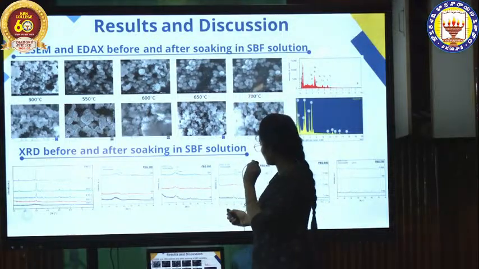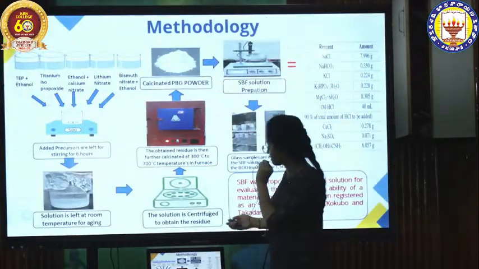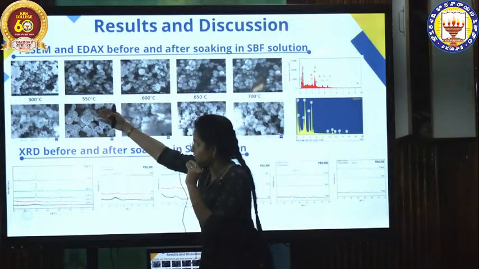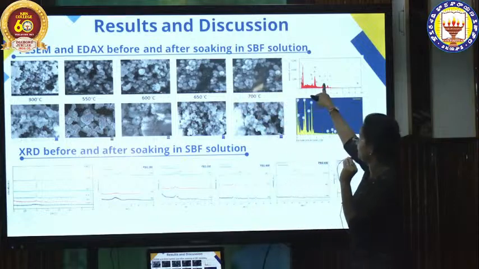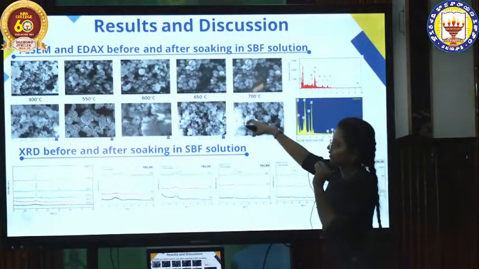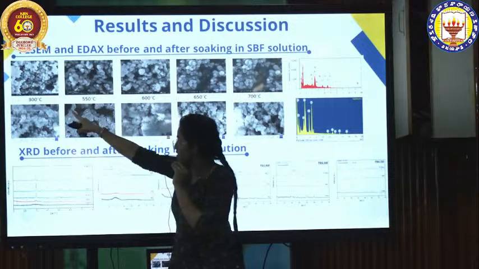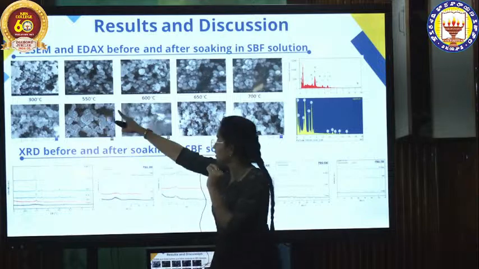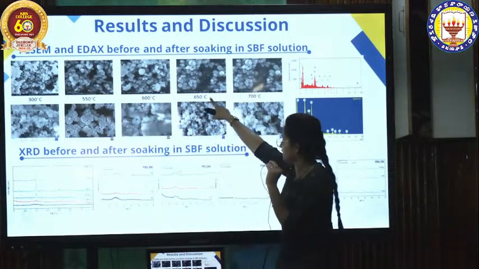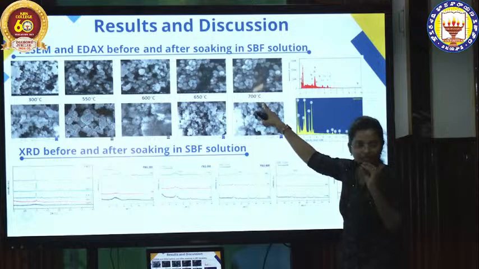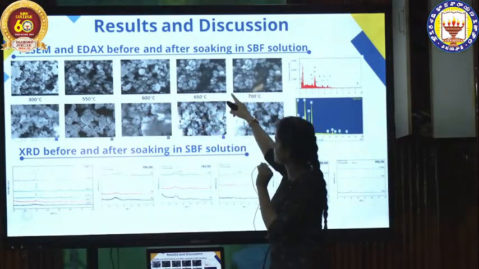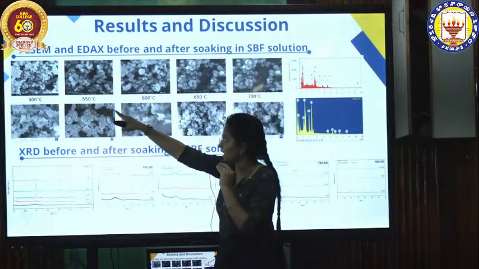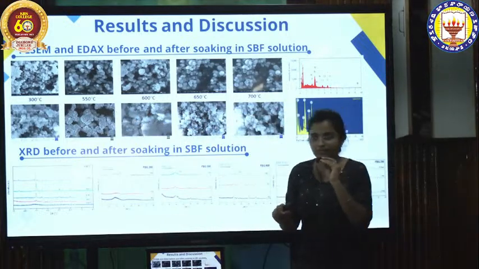Before soaking into the SBF solution, the structure and morphology of the glasses are identified in the first line, where 300 is my PBG glass, followed by 550, which is just forming the ceramic nature, and the ceramic nature increases as the crystallinity of the glasses increases. The morphological studies show spherical particles, and the particle sizes are around 150 nanometers.